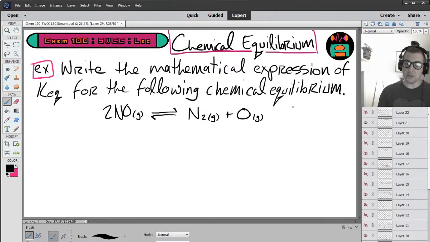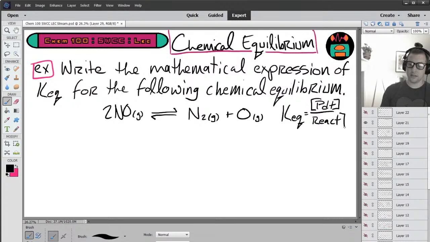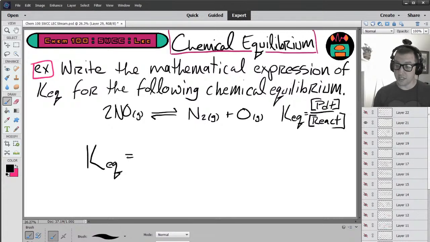Now, the thing you always want to keep in mind is that your equilibrium constant is products over reactants. So we do concentration of products over concentration of reactants. K_eq is going to be, we'll worry about our exponents in a moment, but first we're going to put our products.